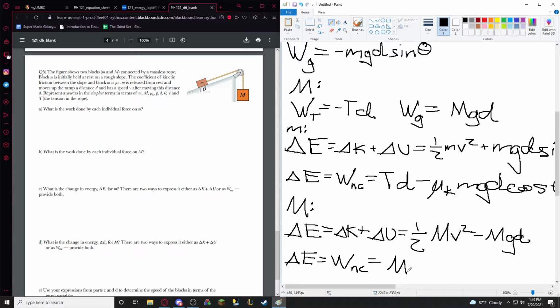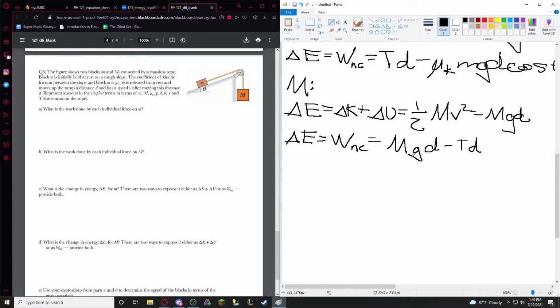MGD minus TD. The negative is already part of it, and we're just adding the total non-conservative work together. So yeah, it's just MGD minus TD. So we found the total change in energy for both little m and big M in terms of both the total non-conservative work as well as delta K plus delta U.